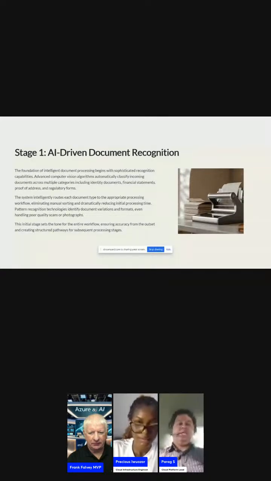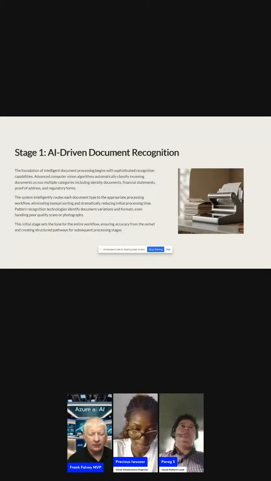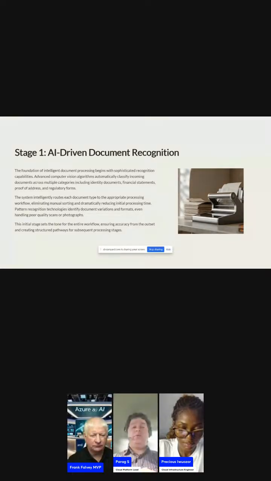So let me explain stage one again. Stage one in this framework is AI-driven document recognition. The foundation of intelligent document processing begins with sophisticated recognition capabilities. Advanced computer vision algorithms automatically classify incoming documents across multiple categories, including identity documents, financial statements, proof of address, other regulatory forms, etc. This also helps make sure all the required documents are in place for that particular application, whether it is account opening or loan processing.